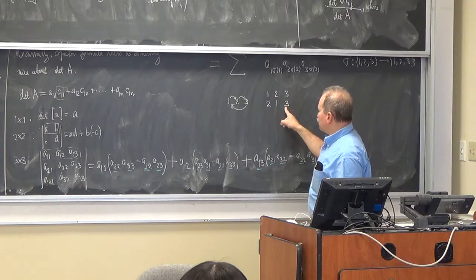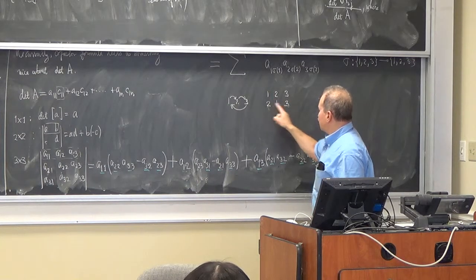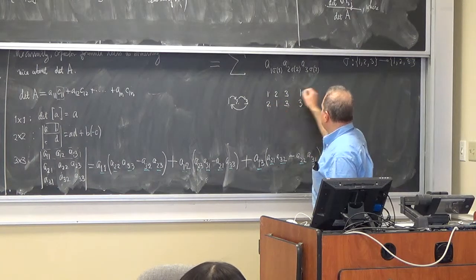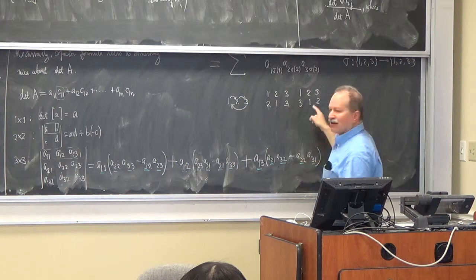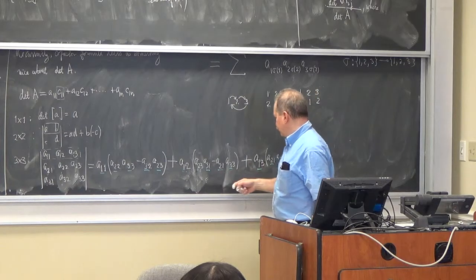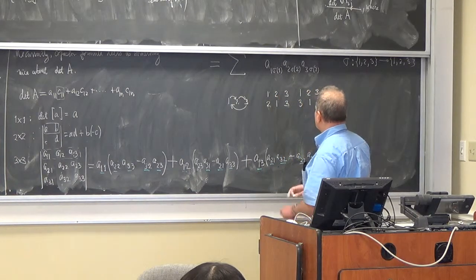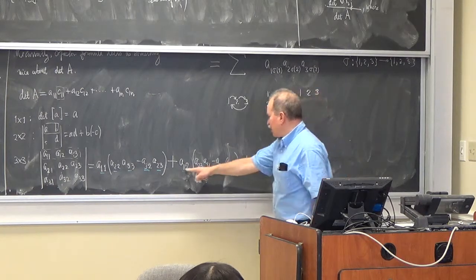But now what do I want to do? I want to switch these guys. Hey, I did the wrong one. What was I trying to do? I was trying to get 1 goes to 2.